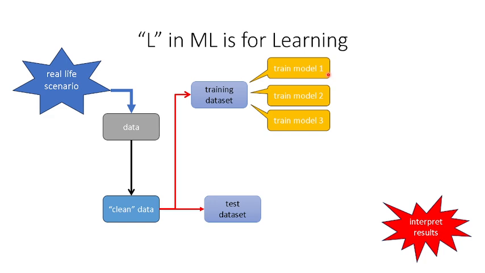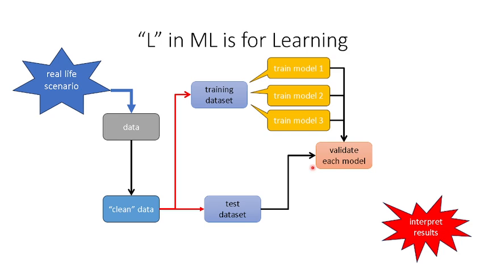Now, these models are being trained, and what we do is that we validate each of these models by using our test data set. So, the method of validation is to calculate the accuracy, calculate the F1 score, calculate the root mean square, or maybe the R square value, or the confusion matrix. So these are some of the metrics that we use to validate a given model.